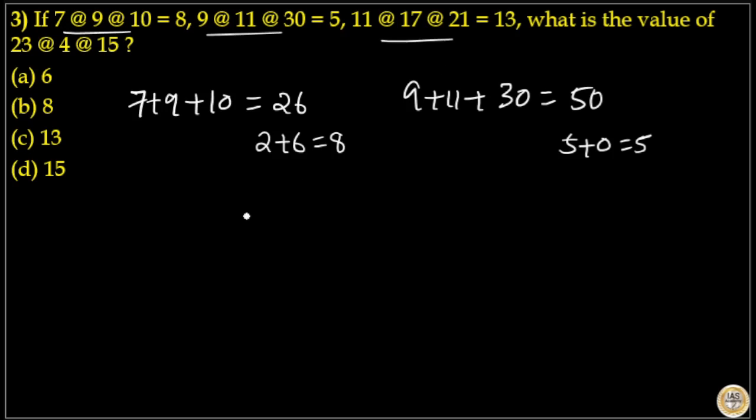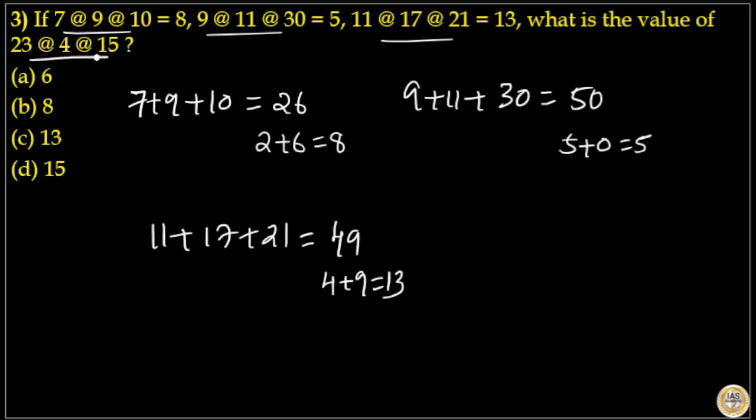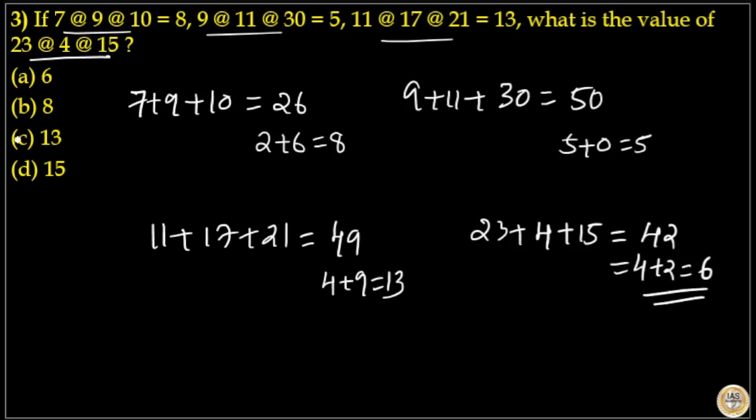In the third case, you can see 11 plus 17 plus 21 is equal to 49 and 4 plus 9 is equal to 13. So in this case, 23 plus 4 plus 15 is equal to 42. So 4 plus 2 is equal to 6. So option A is your answer.